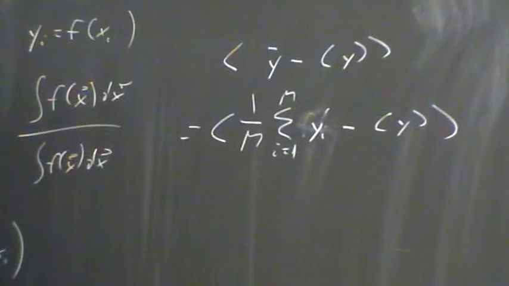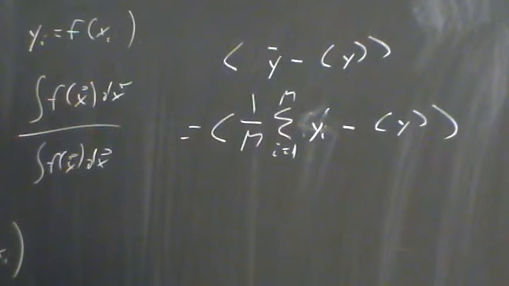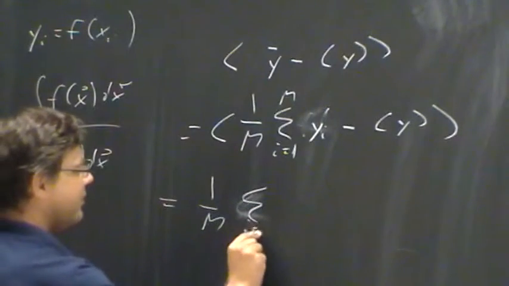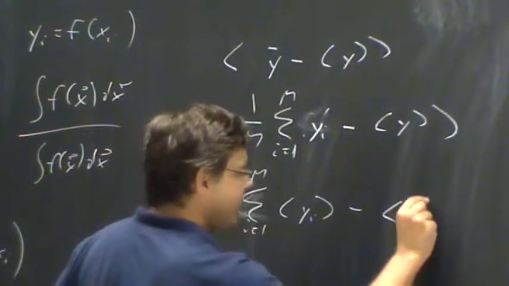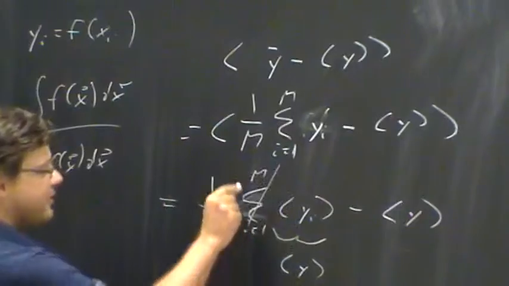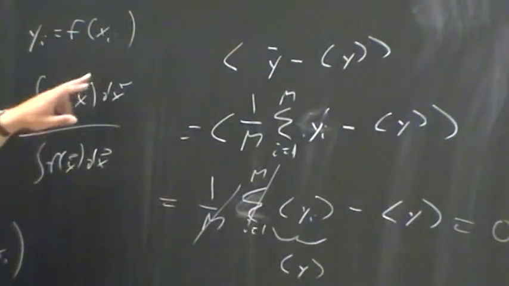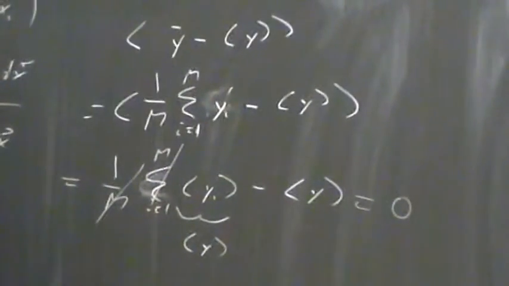Now we know that calculating the expectation value is linear, so you can just write that as 1 over m, sum of i equals 1 to m, expectation value of yi minus the expectation value of y. This is just the expectation value of y, so this drops out, and we get that the expectation value of the sample mean is just the true average. But what is the error?